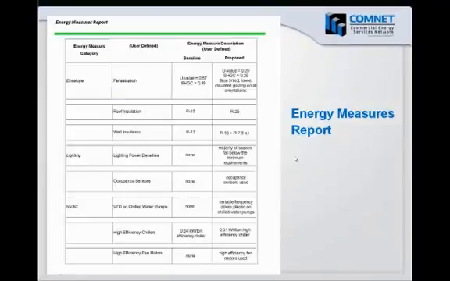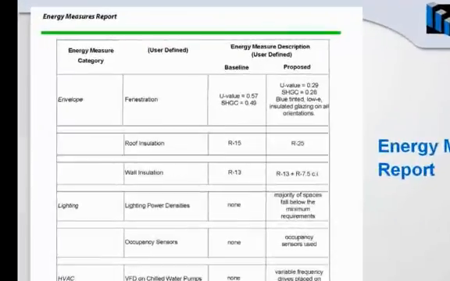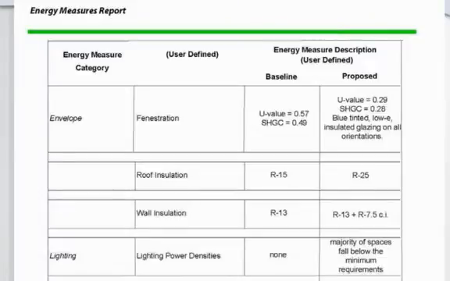All right, the next report, this is the print summary that we have, which is also in the COMNET MGP, is the Energy Measures Report. What this is intended to do is identify the primary measures that are used to exceed code minimums or exceed the minimum requirements, say, for lead.